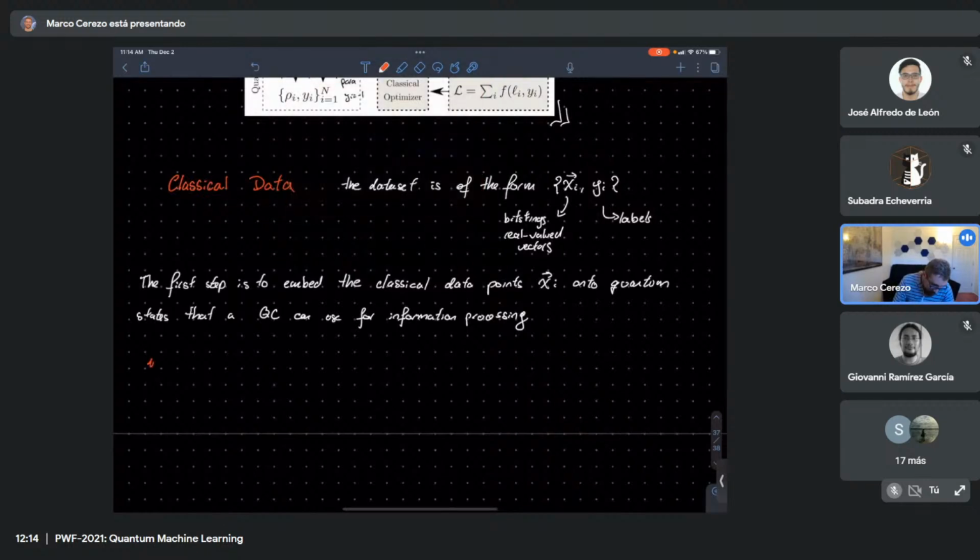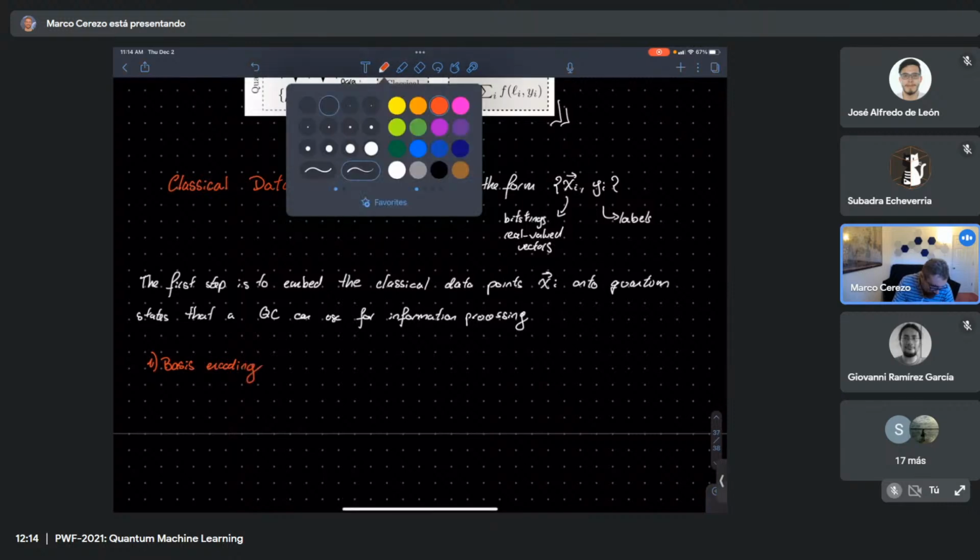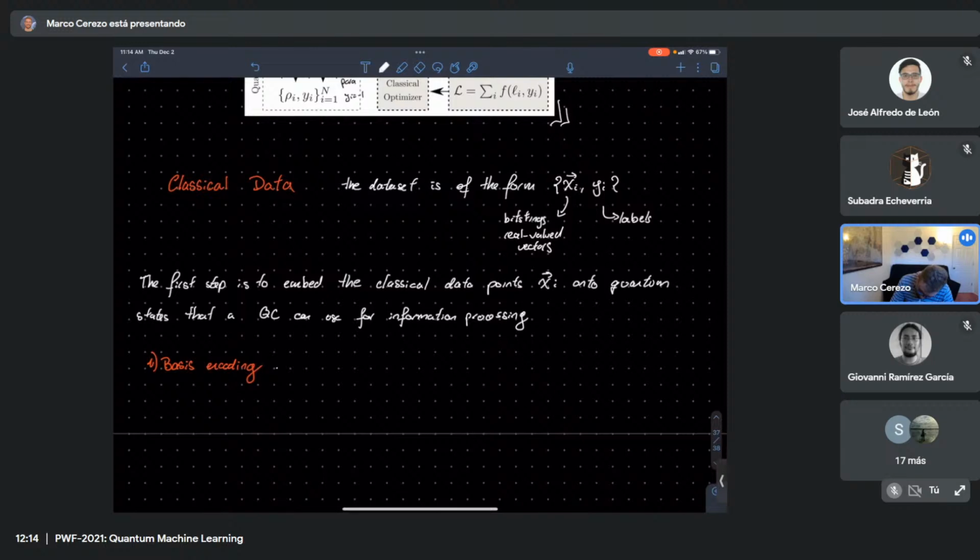So the first type of way is called basis encoding. This is particularly useful whenever we have real numbers and we want to perform arithmetic operations.